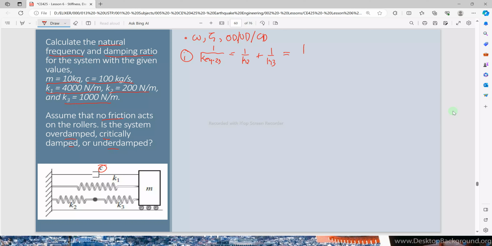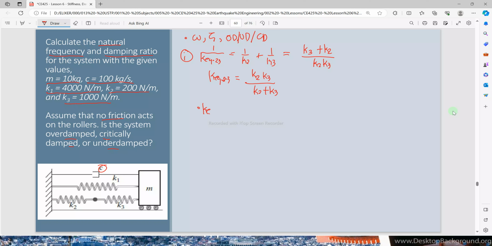Or eventually we have K3 plus K2 over K2 times K3. Or the K equivalent for 2 and 3 is equal to K2 times K3 over K2 plus K3.